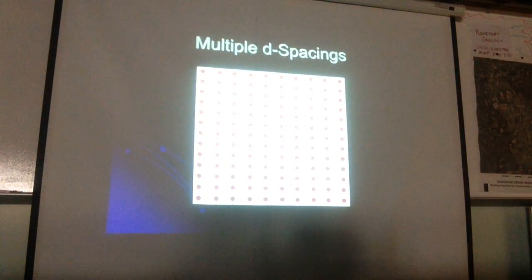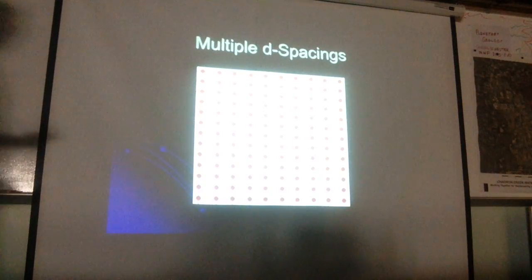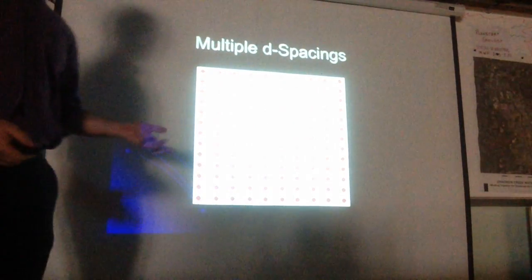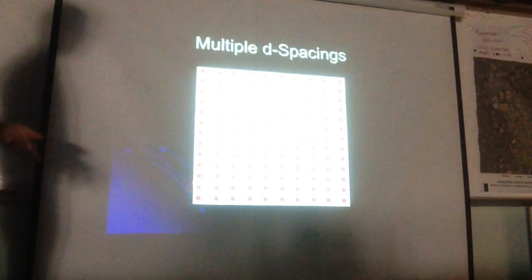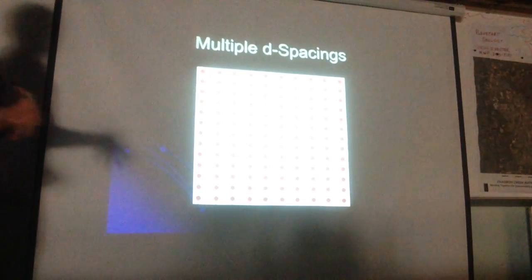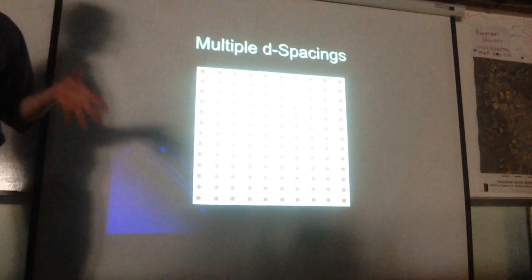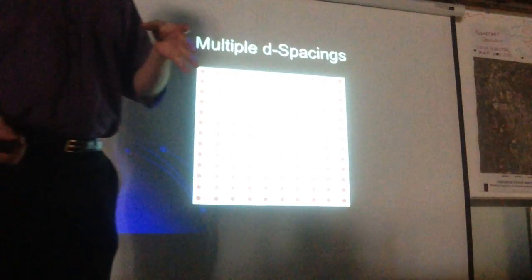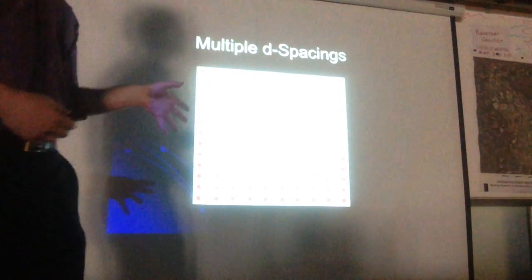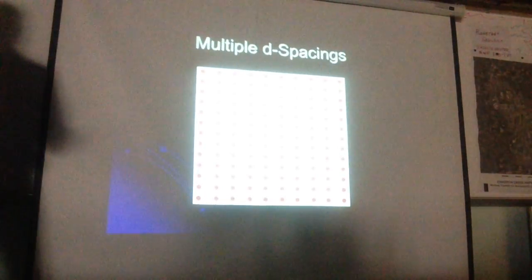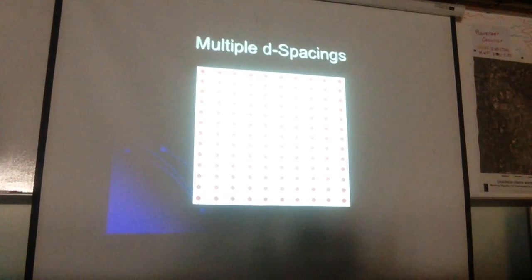So, in this case, we have multiple D spacings, and this could be interpreted as we have multiple different minerals in there, or the orientation of the minerals is different, and that's actually true in a lot of cases with samples, because when you take your sample and get ready for it to be analyzed, you have to grind it up into a fine powder.